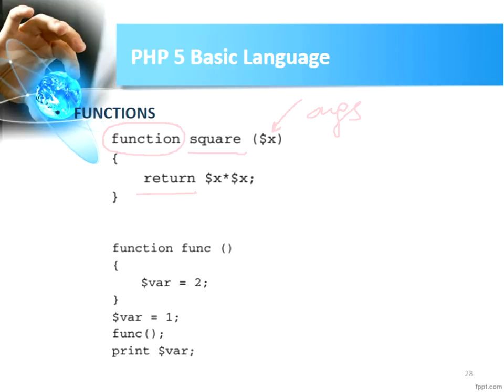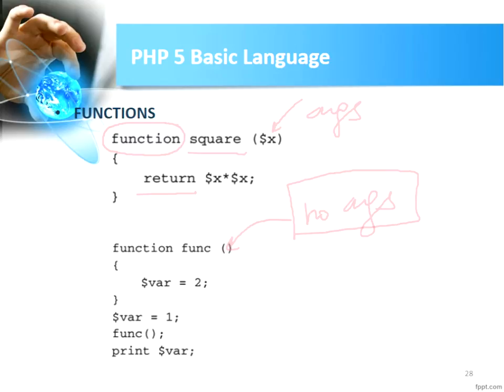In my example, I have a function square with only one argument, and this function returns the square of this argument. This is another example with no arguments.